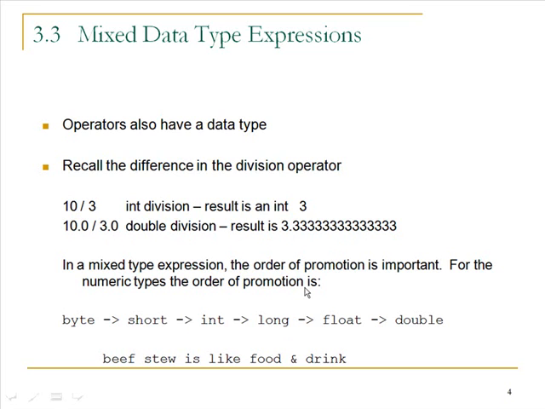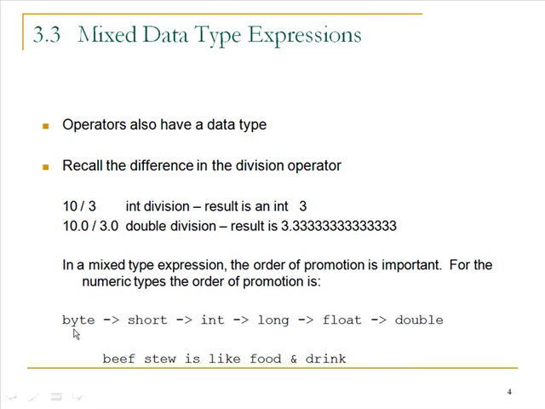So in a mixed type expression, suppose we had a double divided by an int. What would happen? The operator will only work on like data types. So which would the compiler choose? Would it choose to do it in int or double if we had one of each? Well, Java decides to promote. And how do you know which one would be promoted to what?